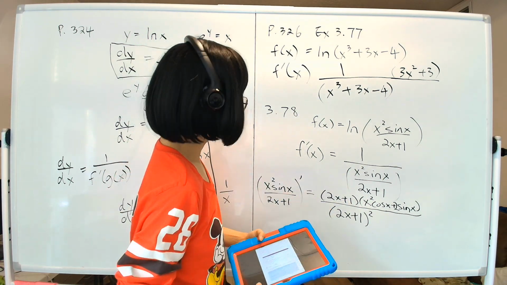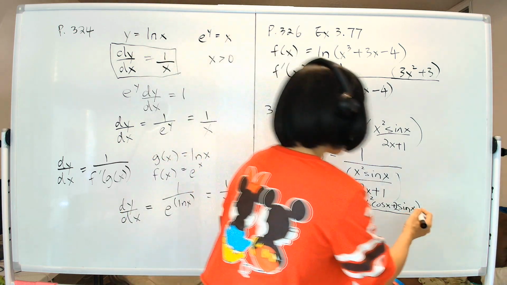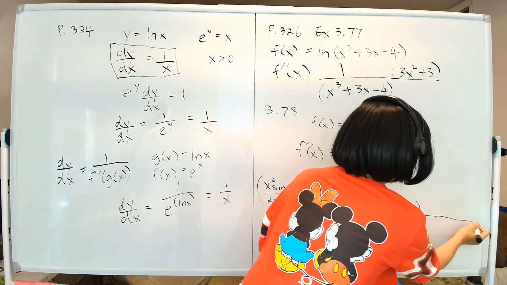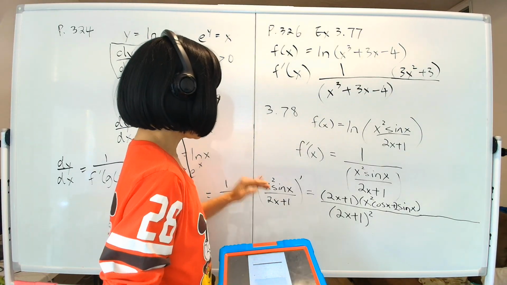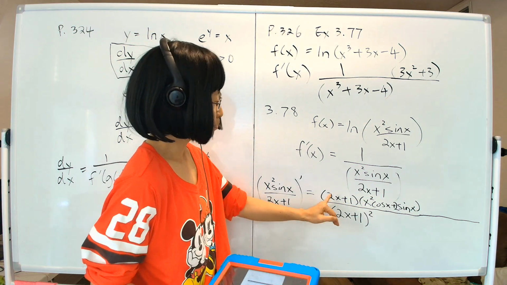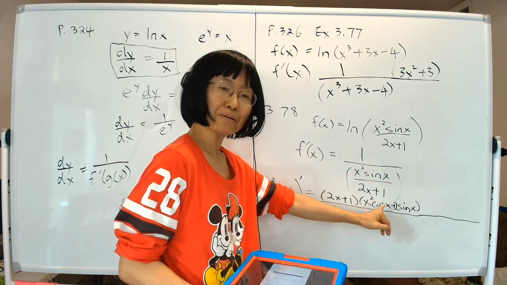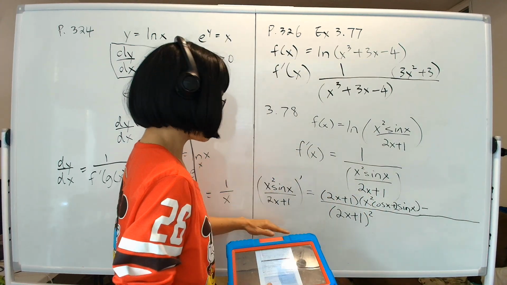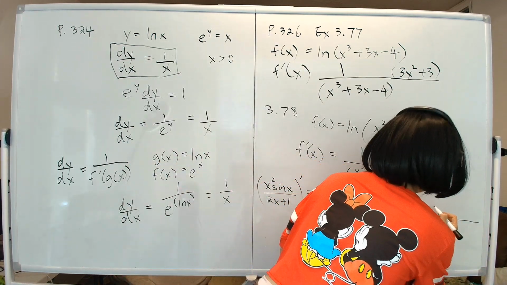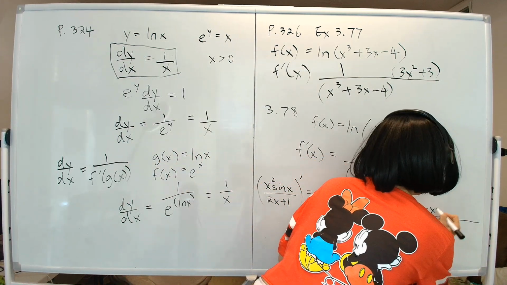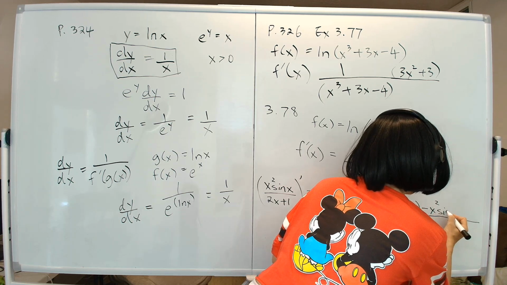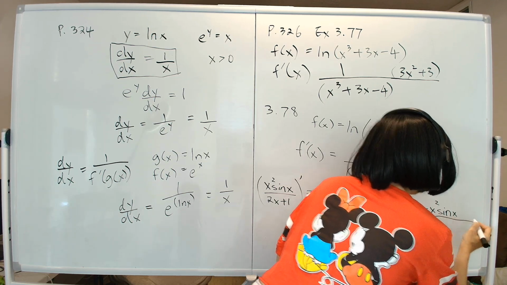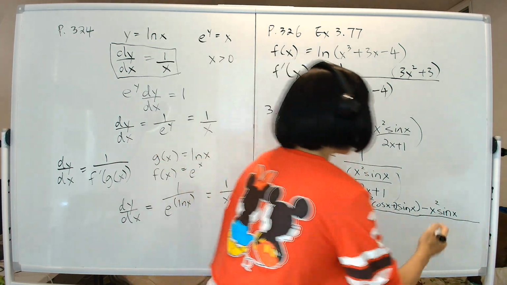And then continuing the quotient rule, it says the bottom times the derivative of the top minus the top times the derivative of the bottom. So x squared sine x times the derivative of the bottom, which is just 2.